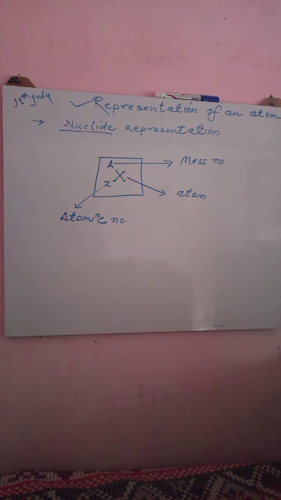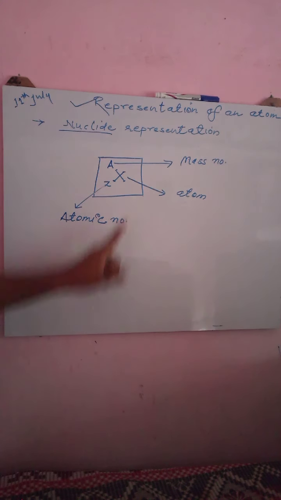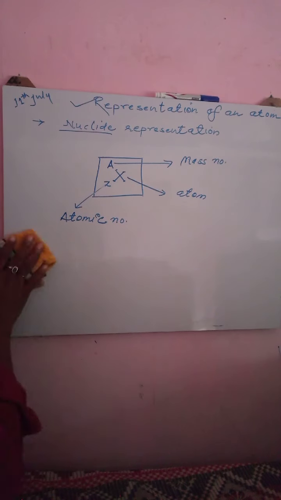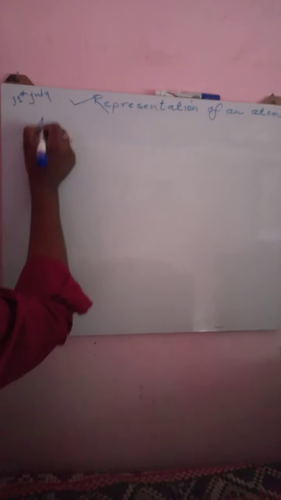What is nuclide representation? Representation of an atom with atomic number and mass number is called nuclide representation. Clear? Now see, what is atomic number and what is mass number?